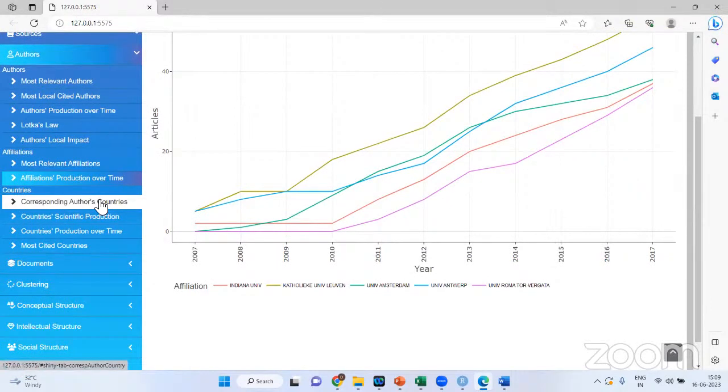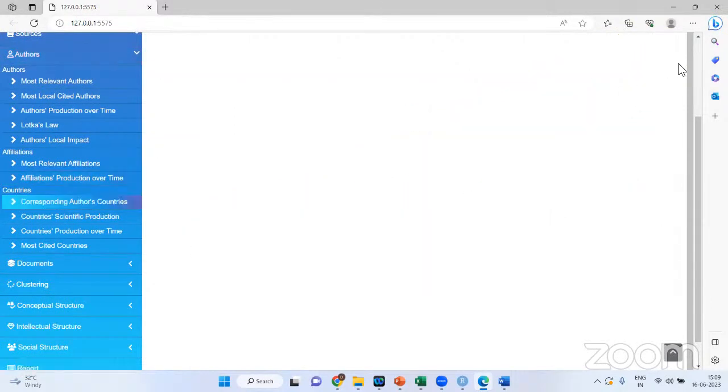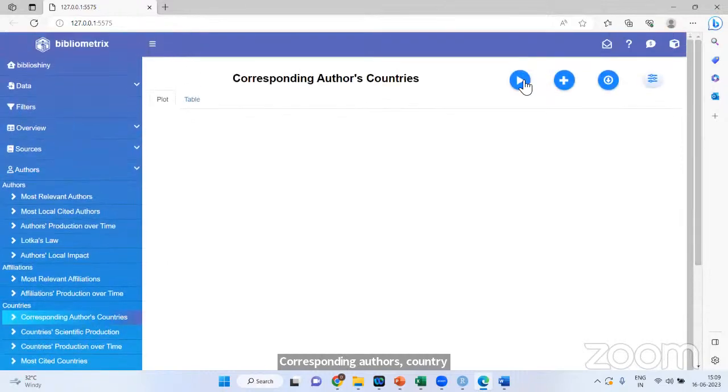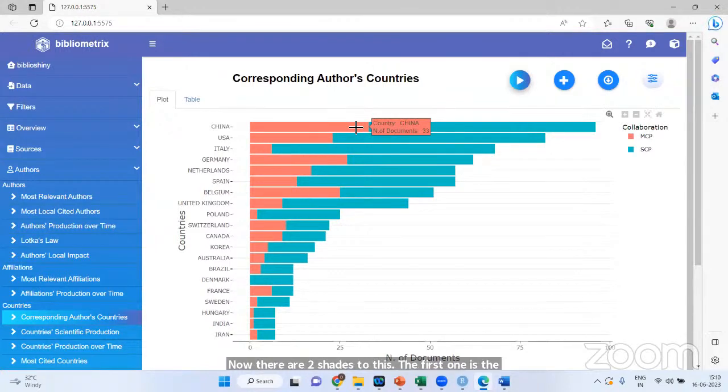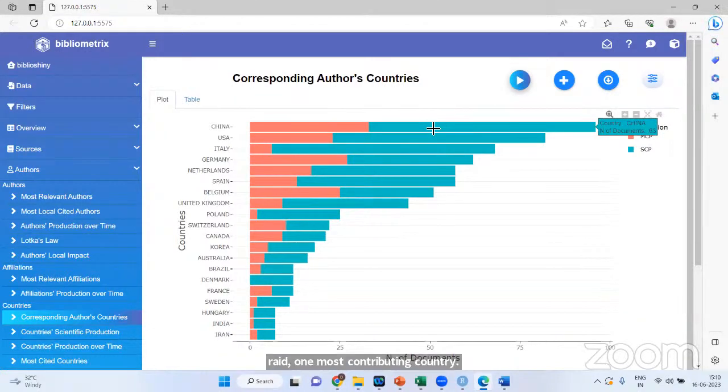Corresponding author's country. Now there are two shades to this. The first one is the red one, most contributing country, and second, the second contributing country.